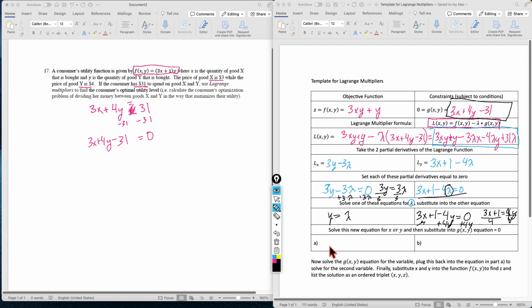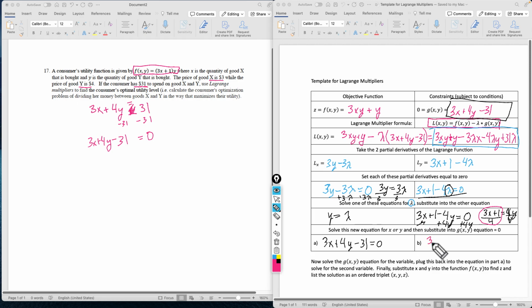Okay, so I think A needs to be this. I think it was just sort of copy it down. B is going to be, we're going to substitute in y. We're going to substitute this in for y.